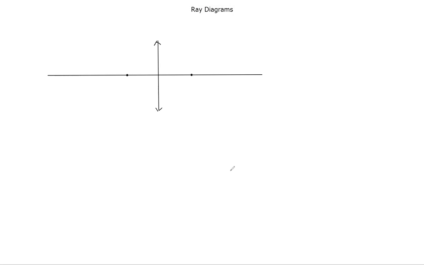Maybe a little closer, I don't know. Ideally, you want to draw it on graph paper. So this will be a focal point, because we have two curvatures, right? Each curvature creates its focal point. And if we move double the focal point, we will get the center of each curvature.